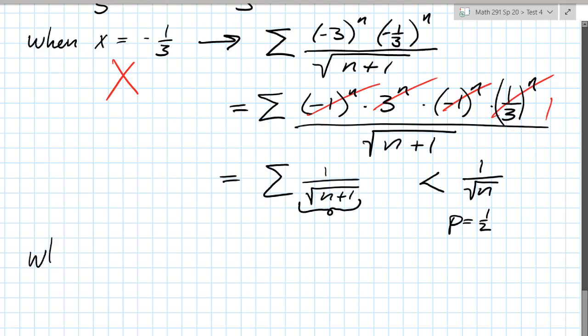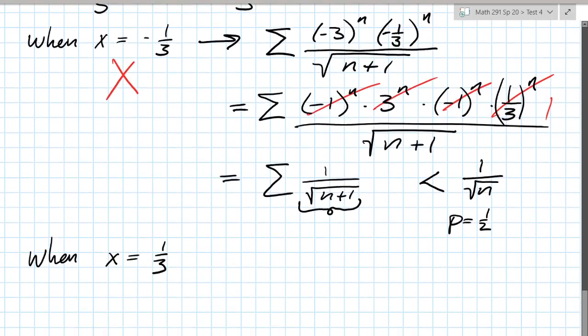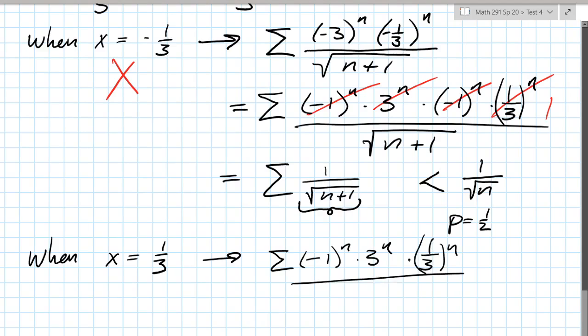What about when x is positive 1/3? Well, it's all going to work out to be the same type of thing, except now the only difference is that negative. So what we're going to end up with is the sum of negative 1 to the n times 3 to the n times 1/3 to the n over square root of n plus 1. So this 3 to the n and the 1/3 to the n will cancel out.